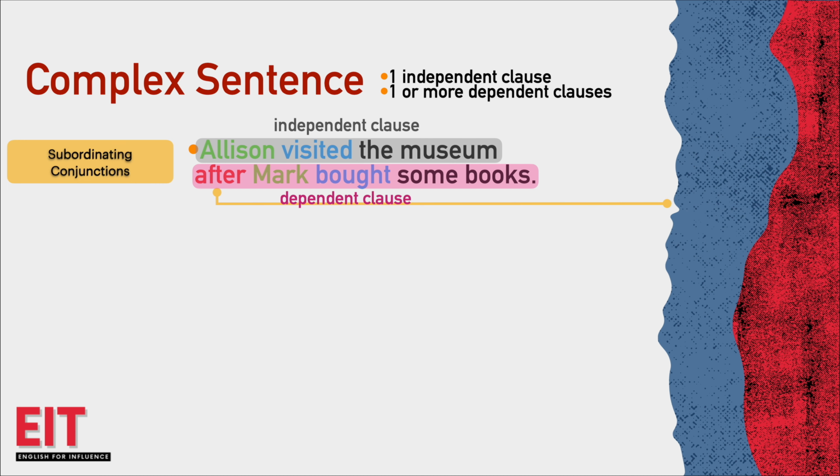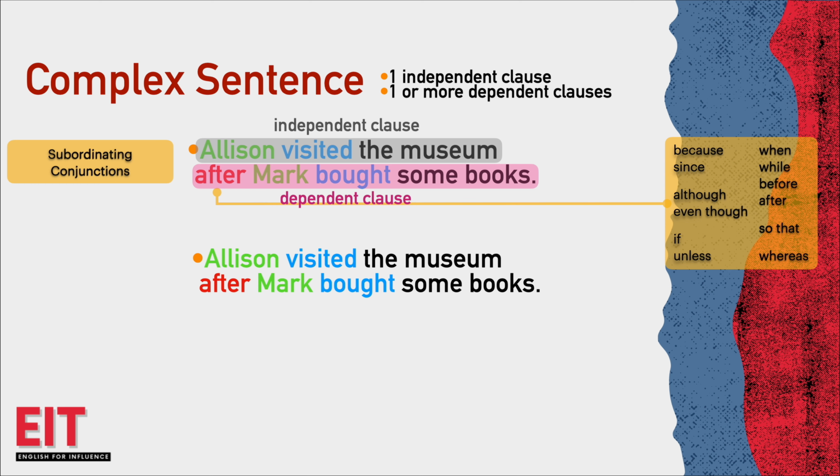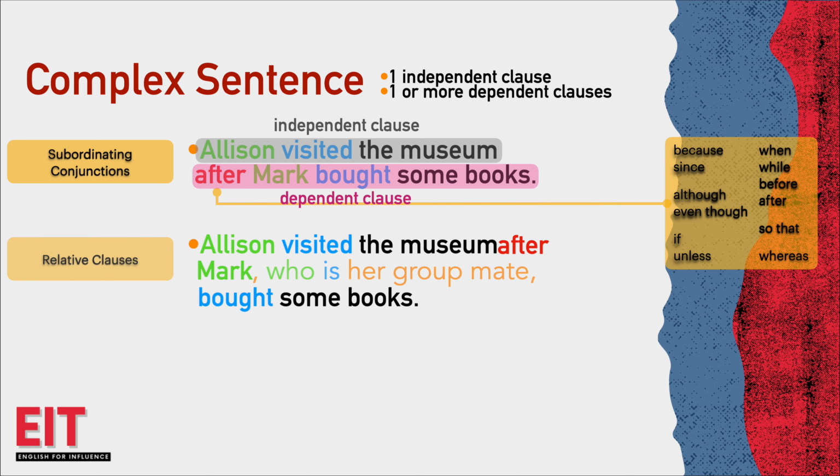Okay. Now, another way we can write a complex sentence is by using relative clauses. Look at this example. Allison visited the museum after Mark, who is her groupmate, bought some books. So our relative clause here is who is her groupmate. So why is it a relative clause?